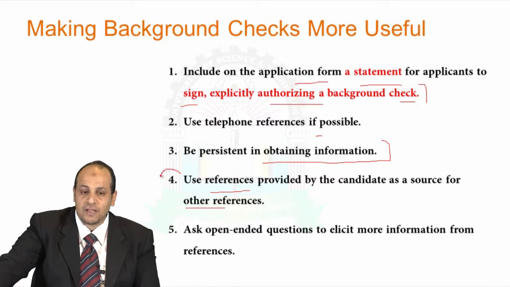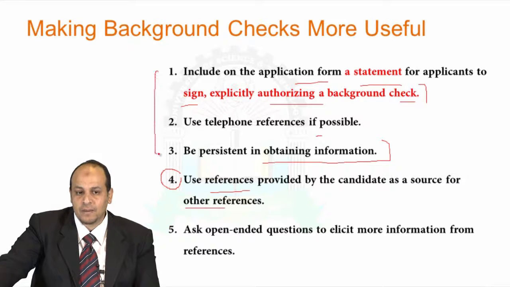But of course, we should not only rely on references. We can use different types of sources for background. And finally, ask open-ended questions to elicit more information from references.